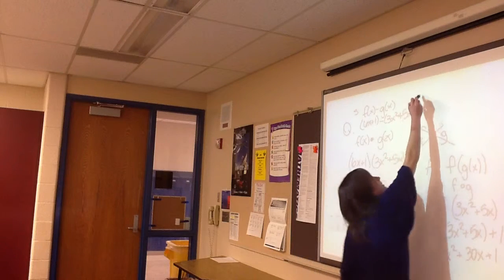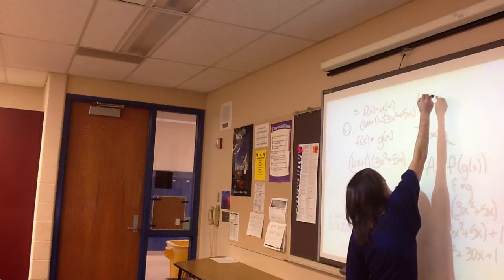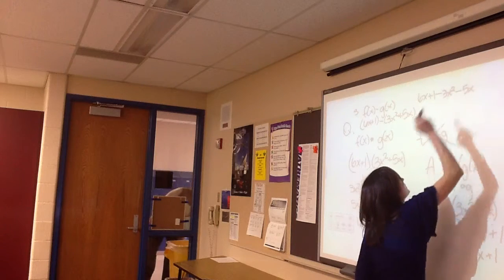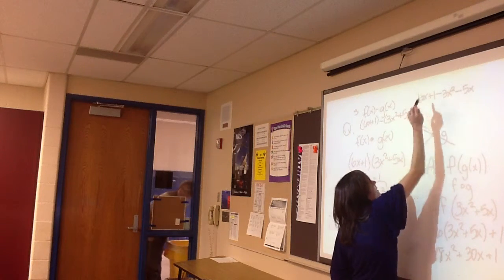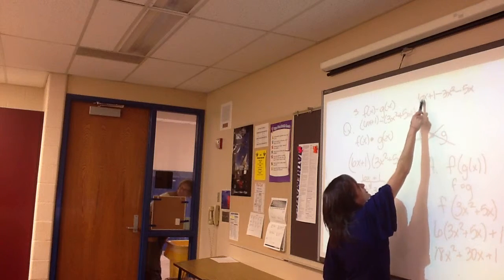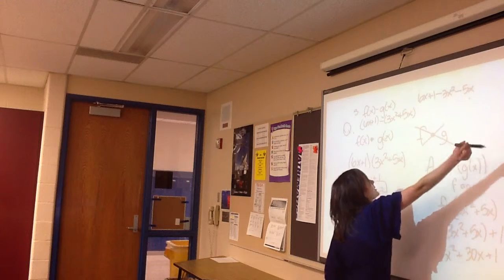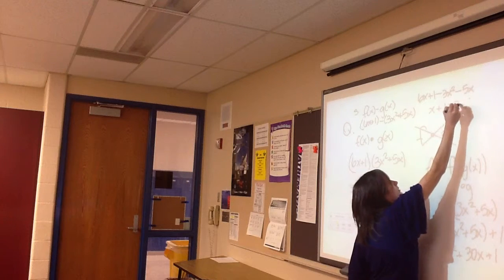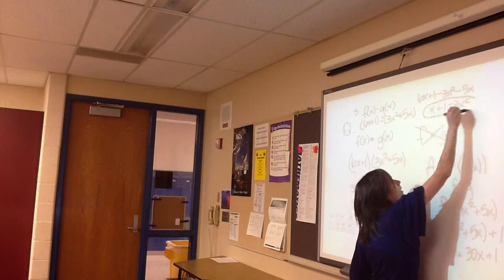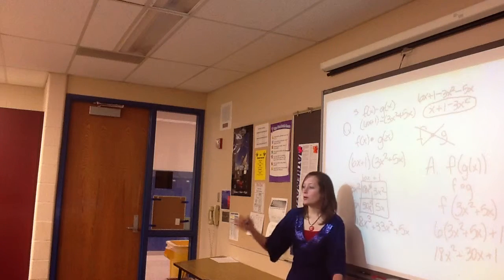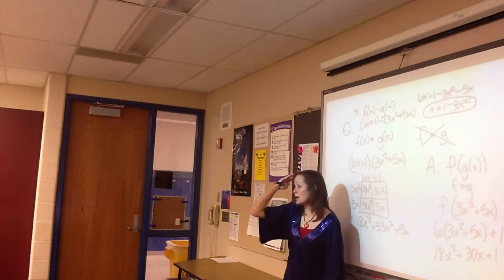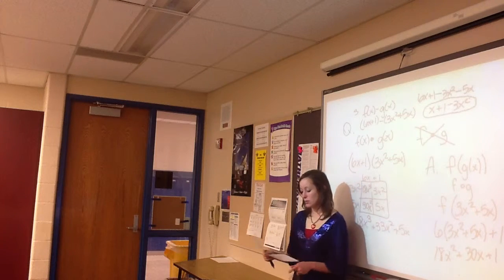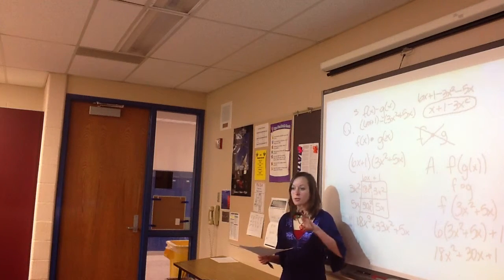So you can rewrite it as 6x plus 1 minus 3x squared minus 5x. So if we combine like terms, we have 6x and negative 5x make x, plus 1 minus 3x squared. And if you like to do order by power, you could have negative 3x squared plus x plus 1 if you want to do descending order.